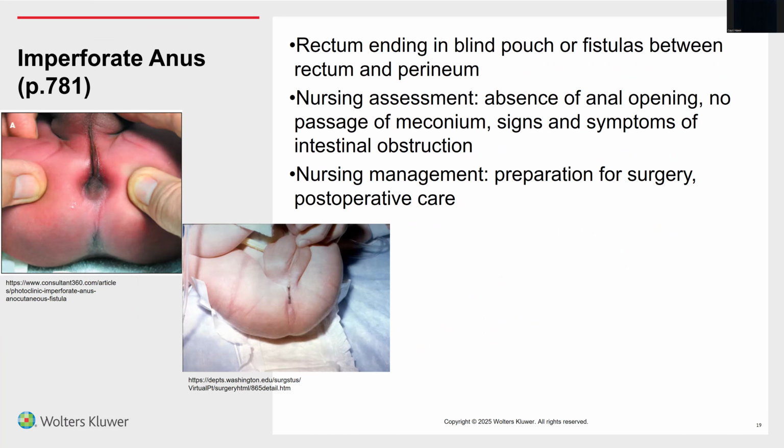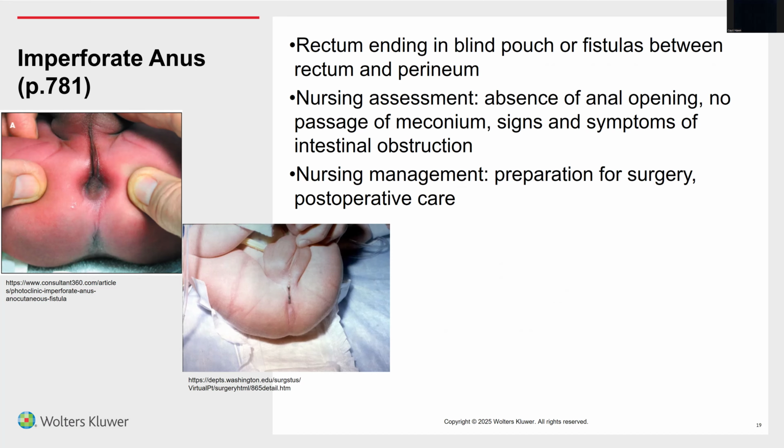Imperforate anus is where the rectum ends in a blind pouch or fistulas between the rectum and perineum. Nursing assessment is going to include the absence of an anal opening. There's not going to be any passage of meconium, and there may be signs and symptoms of intestinal obstruction. These little ones have to have an anal opening right there, so we're going to prep them for surgery, and that surgery looks kind of brutal on creating an opening.